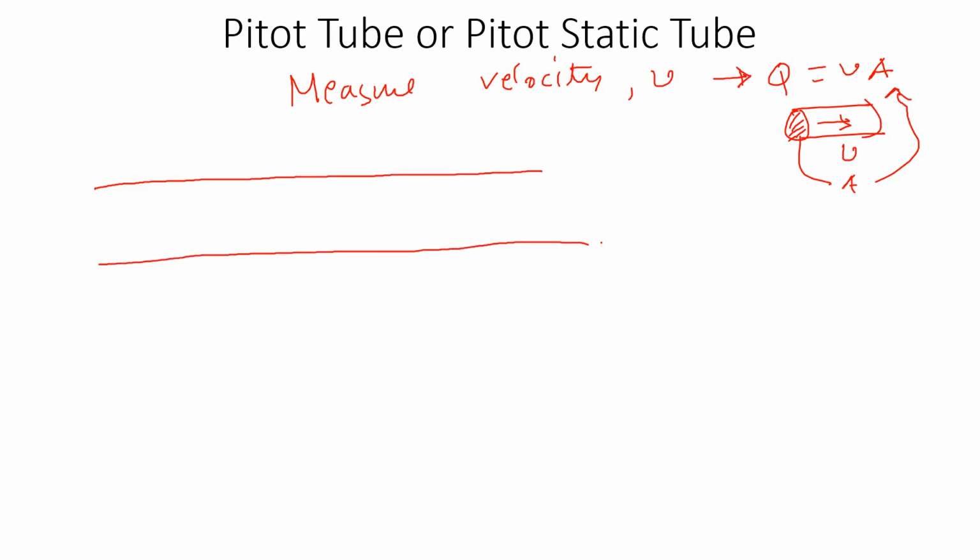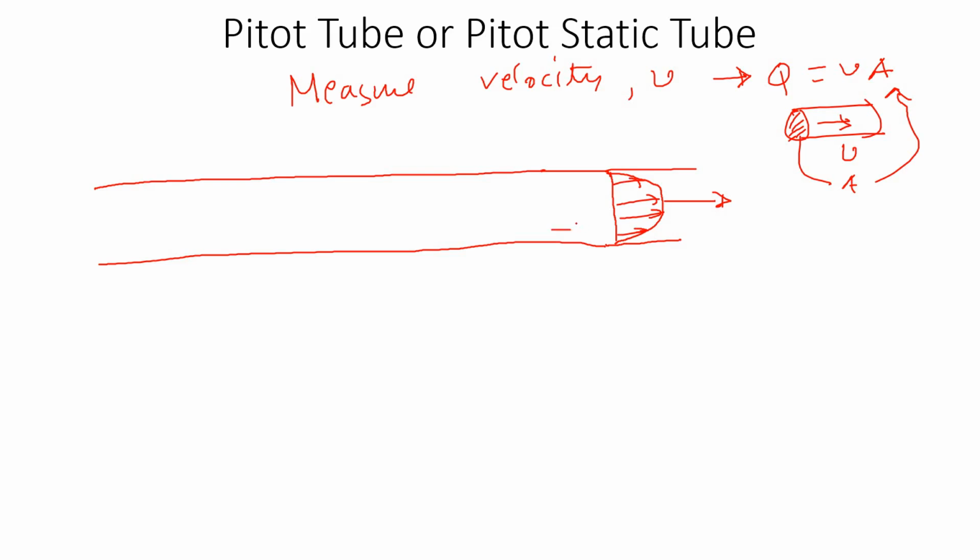So let me show you how a Pitot tube works and how it looks. So imagine that this is the pipe where we have flow going on. If I try to draw the velocity profile, it's going to look something like this. Let me just draw it and then I'll explain.